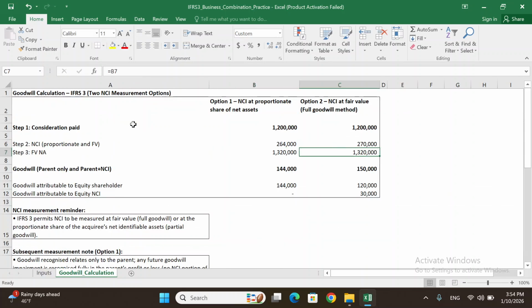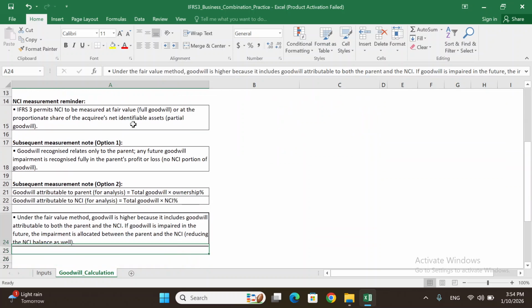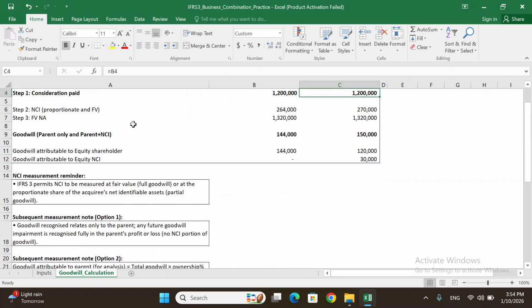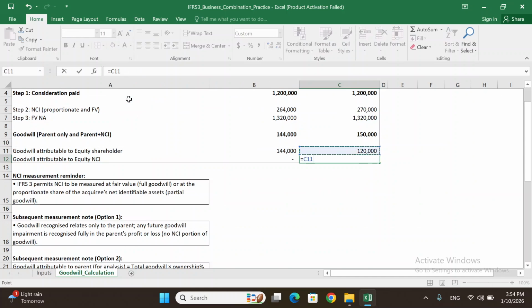And net asset also doesn't change, and we have the goodwill in full goodwill method, 150k. And how to split this between equity shareholder and NCI? It is based on 80% of ownership, and this one we are multiplying by ownership percentage, and remaining will be attributable to NCI.